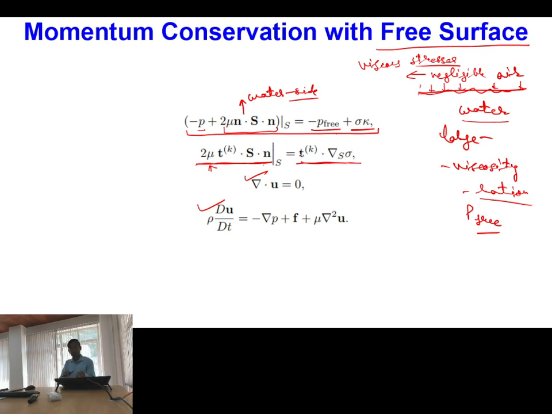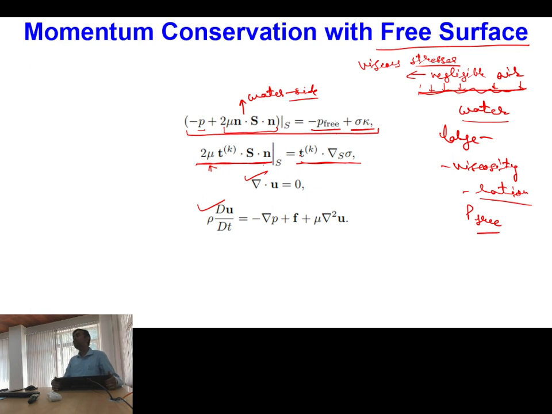If there is no gradient of surface tension, and your entire free surface is at the same value of surface tension, then your viscous forces will become zero at that point. Is this one clear? So this is the approach for solving free surfaces.